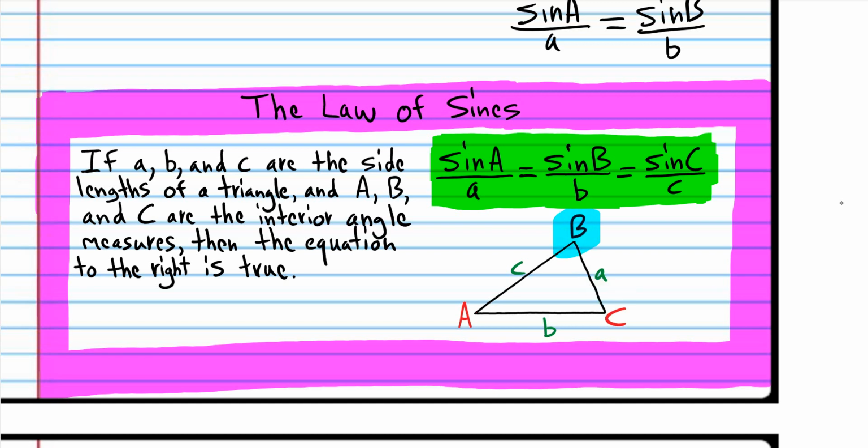We have vertex B up here, and the side opposite that vertex or angle is lowercase b. That's how we're going to notate these triangles. I think I mentioned that previously. So that's very, very important. And again, this law applies for any triangle.